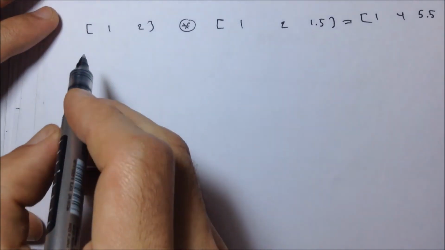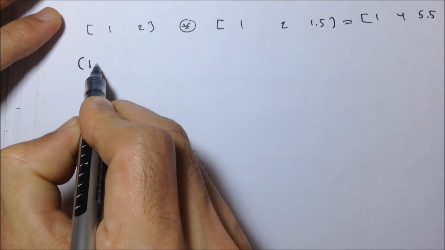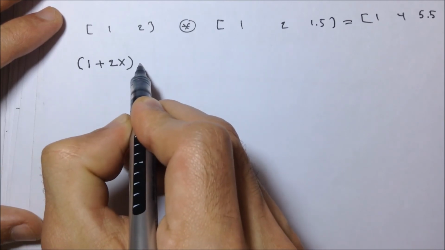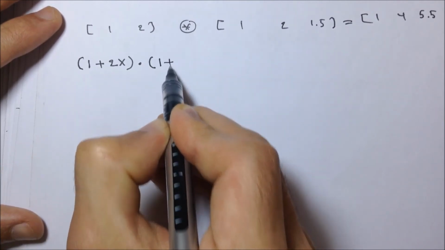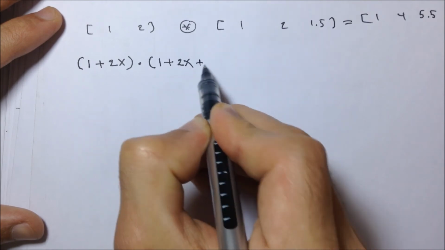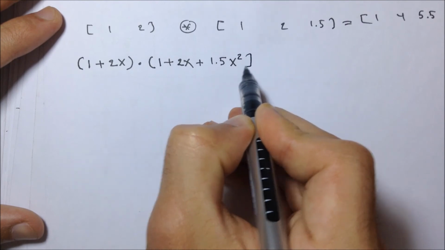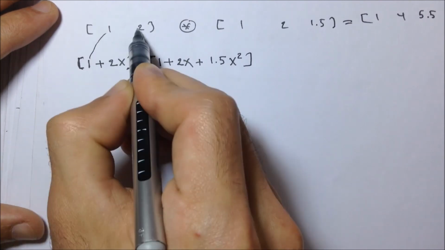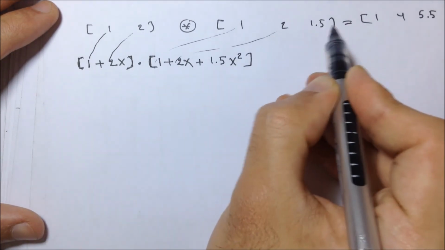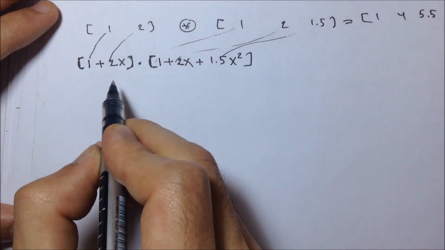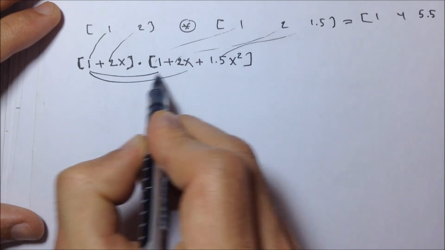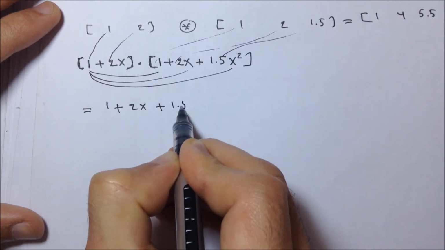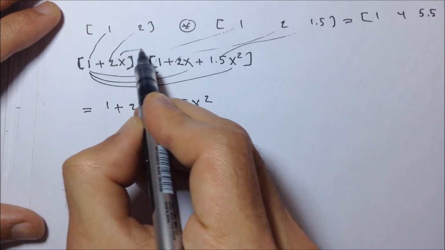Something interesting is that if we multiplied 1 plus 2x, that is an algebraic quantity, this polynomial, by 1 plus 2x plus 1.5x squared, as you can see, these polynomials carry the coefficients 1, 2 and 1, 2, 1.5. Okay, so let me start distributing the terms. So 1 is going to be 1 plus 2x plus 1.5x squared. And then we start distributing 2x.